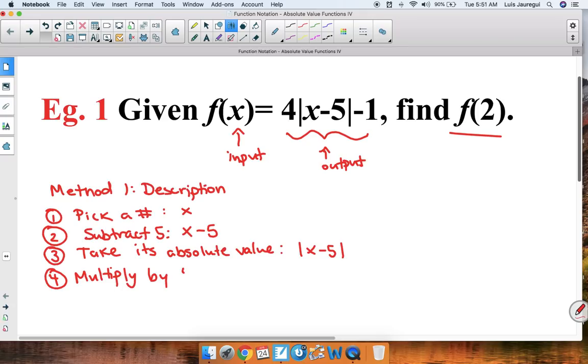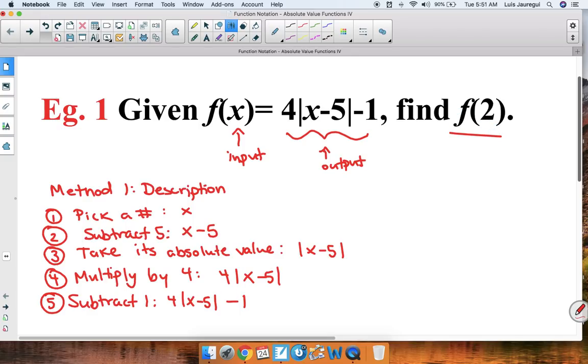And by doing that, what we're getting is 4 times the absolute value of x minus 5. And the last thing we're going to do is to subtract 1. So step 5, subtract 1. And that will generate for you 4 times the absolute value of x minus 5, minus 1.